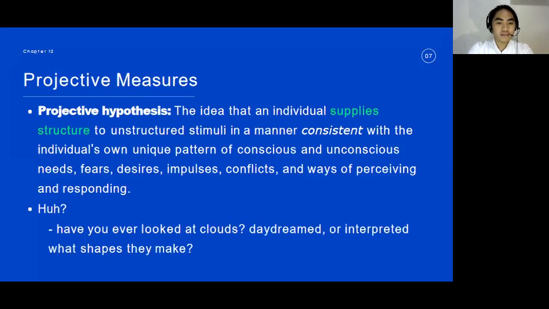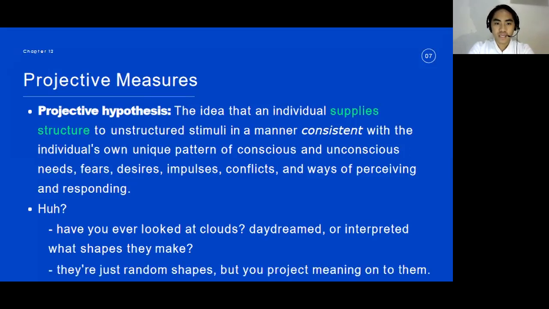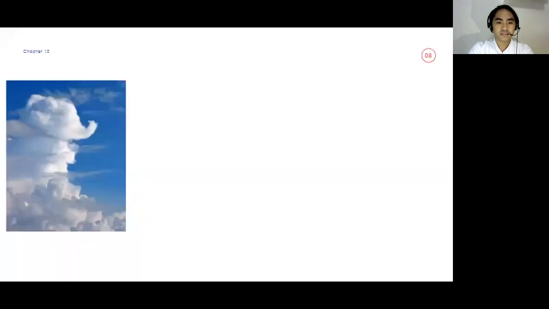Basically, I'll give you an example of how it works. Have you ever looked at the clouds or daydreamed or interpreted what shapes they make? Something that we do as a kid. Most of the time, you're just looking at random shapes, but you're projecting some meaning onto them. This one, what does that remind you of? For me, I see a bit of an elephant.